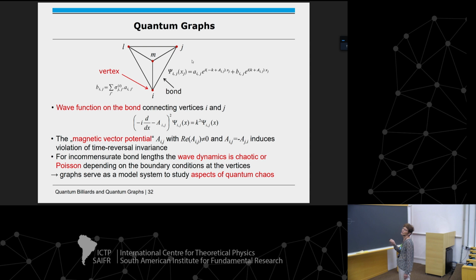Then you can obtain a quantum graph which has the properties of a time reversal non-invariant system. And to get chaotic dynamics, all the lengths of the bonds should be incommensurate numbers. Then you can show that the wave dynamics will be chaotic.